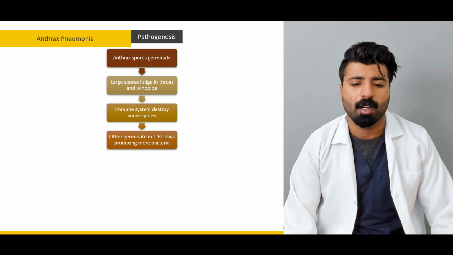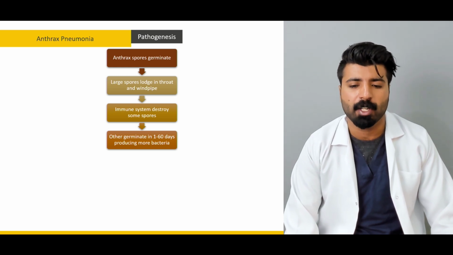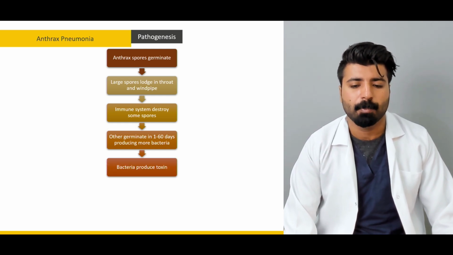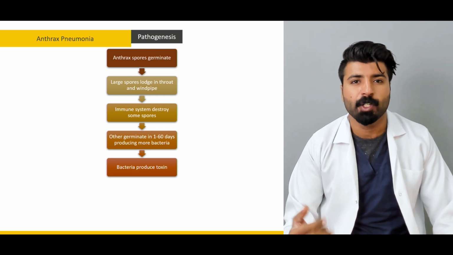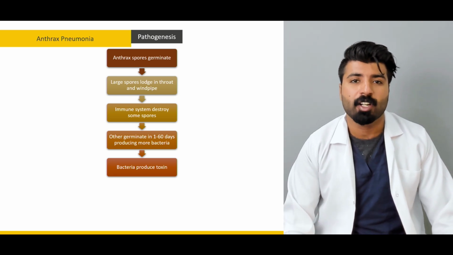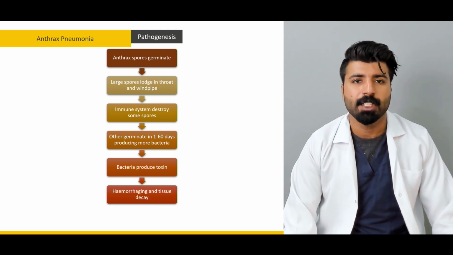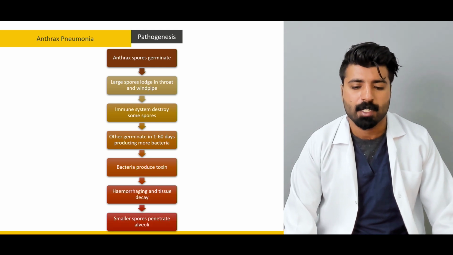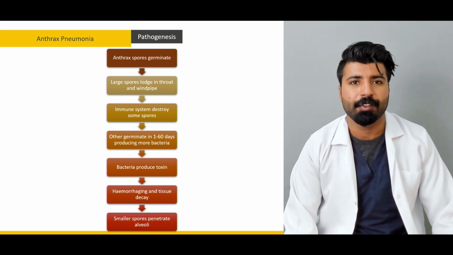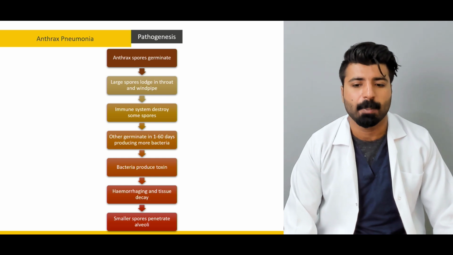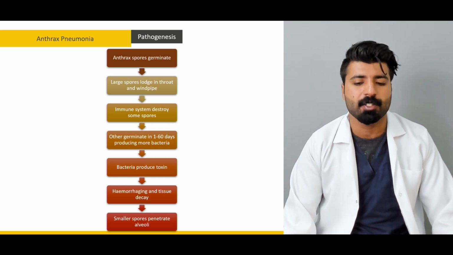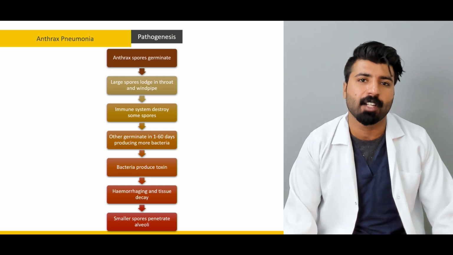The cells which are not destroyed are going to germinate in 1 to 60 days, producing more bacteria. This goes on until the colony of bacteria is so large that it starts to produce a toxin, and that toxin leads to hemorrhages and tissue decay. Smaller spores penetrate the alveoli, and they produce the toxin there. They cause the hemorrhage and tissue decay at the alveolar level.